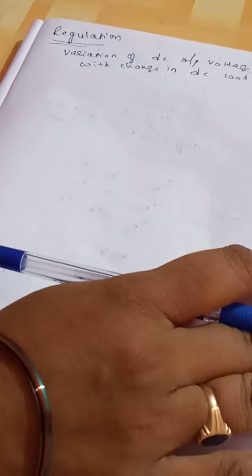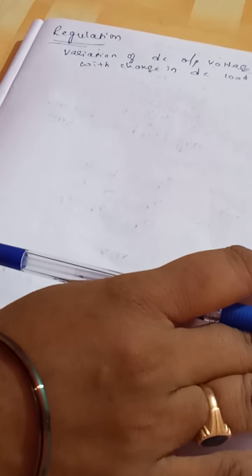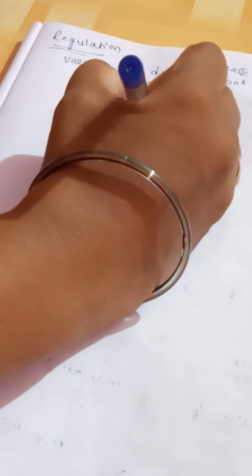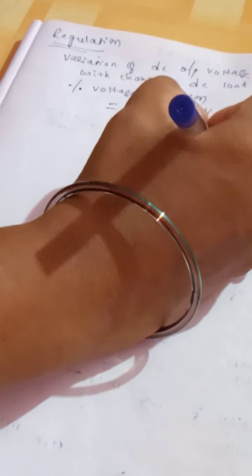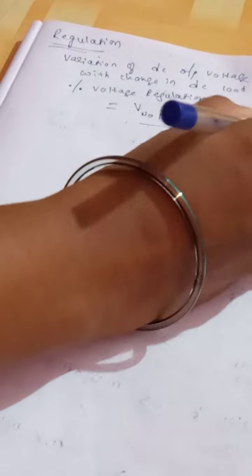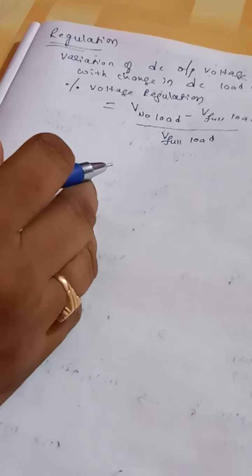The variation in DC output voltage with change in DC load current, that we call regulation. So let us write the formula for percentage voltage regulation: V no load minus V full load by V full load, into 100%.